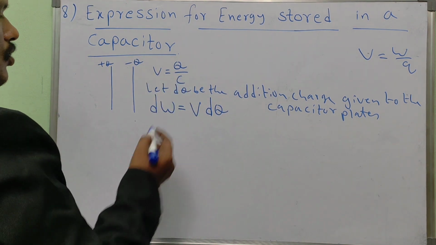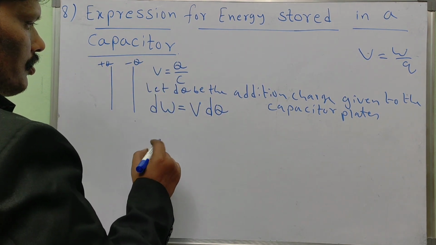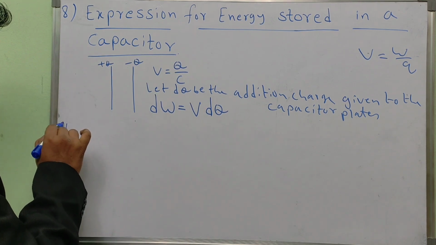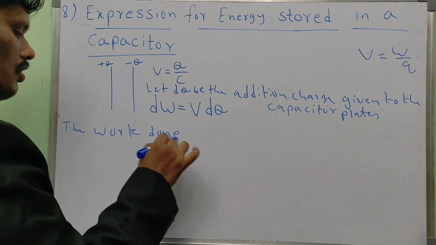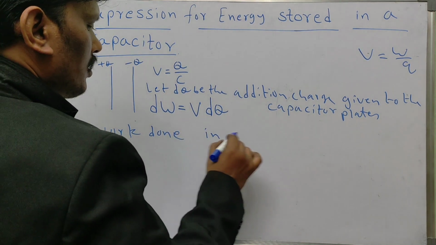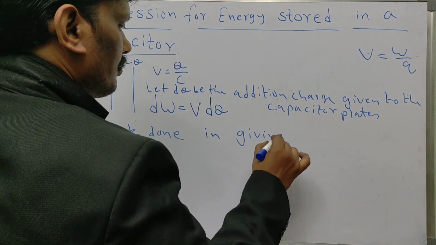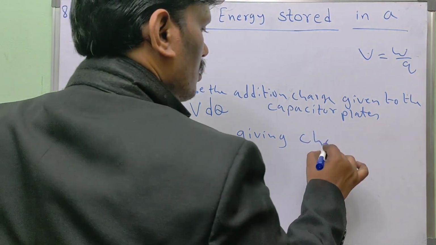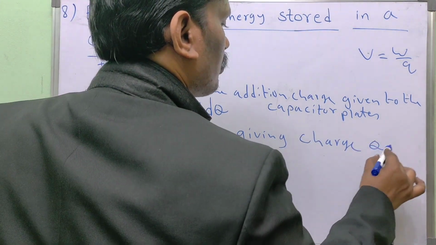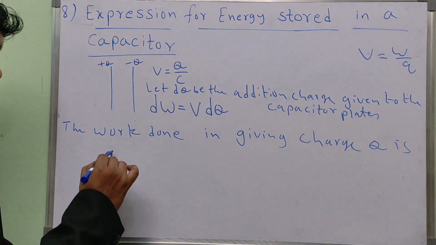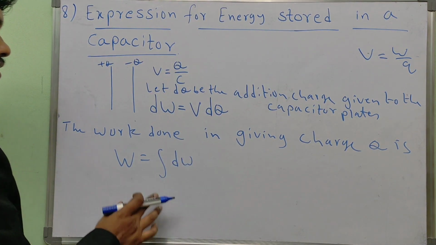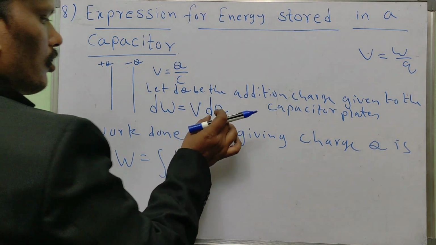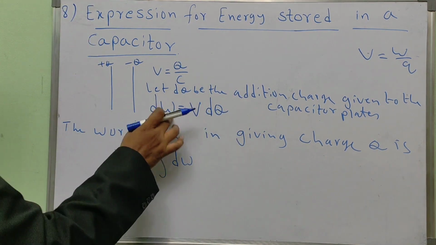So to give the total charge Q, what is the work done required? To give the small charge dq, the work done required is dW.